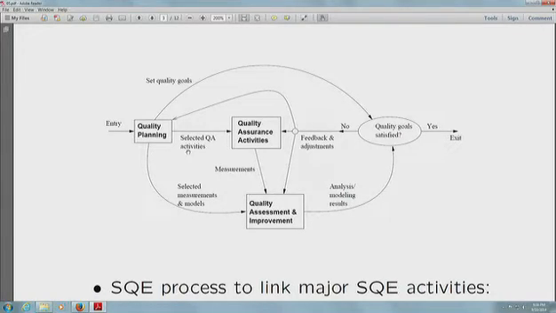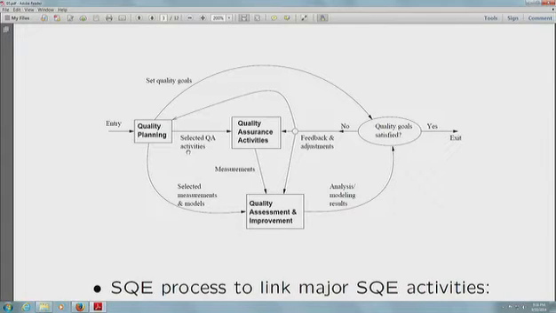Based on your quality goal, you need to come up with your quality assurance strategy: a mixture of different techniques and activities, a selection of them, and how they get integrated, combined, and used together. That's your QA strategy.